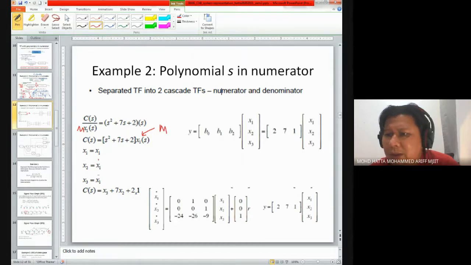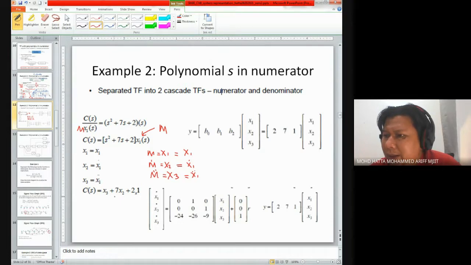And based on our definition that we have earlier, we have m equals x1, m dot equals x2, and m double dot is considered as x3. This is x1 dot, and this is x1 double dot, or x3 for our state.